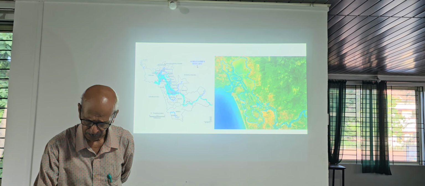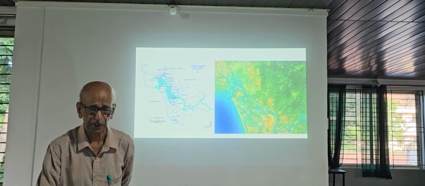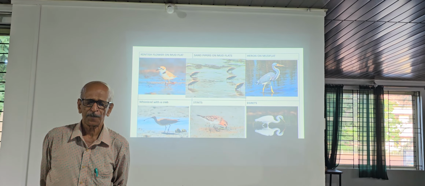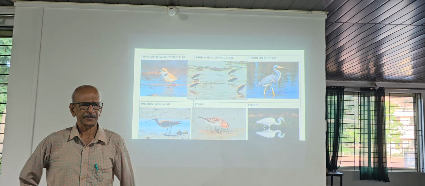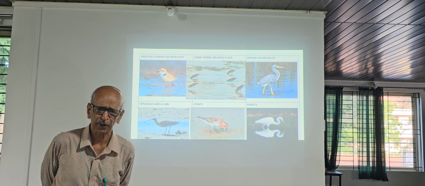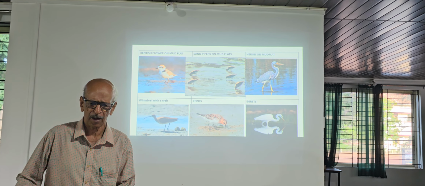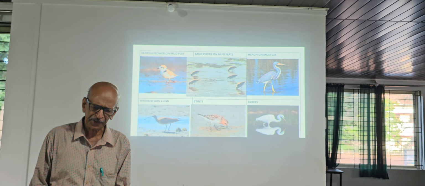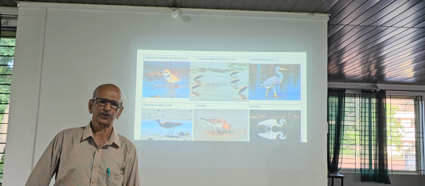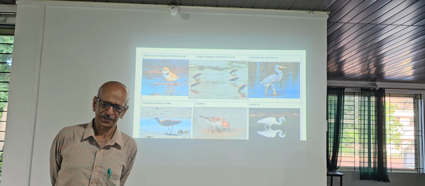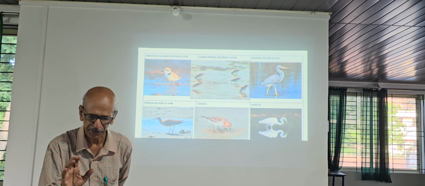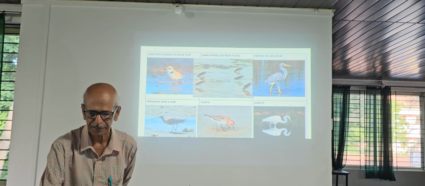Out of them almost 40 plus are migratory birds, and these birds use a diversity of habitats which include mudflats, open water, marshes, mangroves, like that, and many of them are migratory, and that is one of the criteria for choosing Aghanashini estuary as Ramsar site, the richness of birds, and especially the role it plays in sustaining migratory birds.